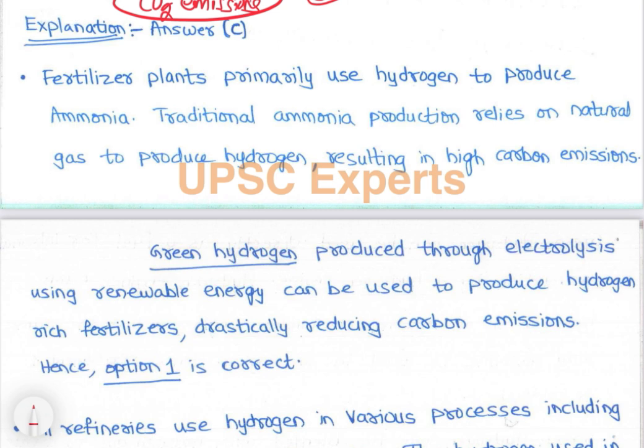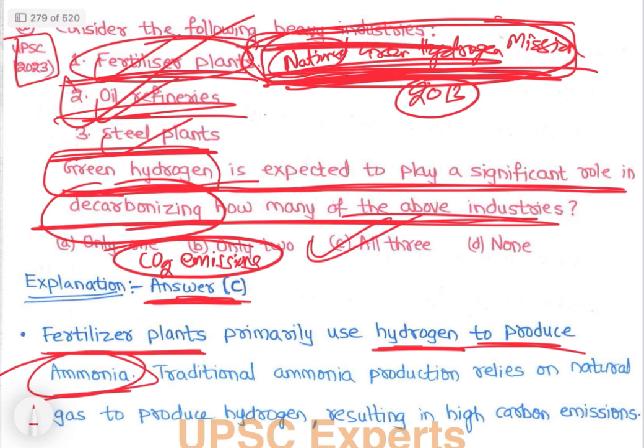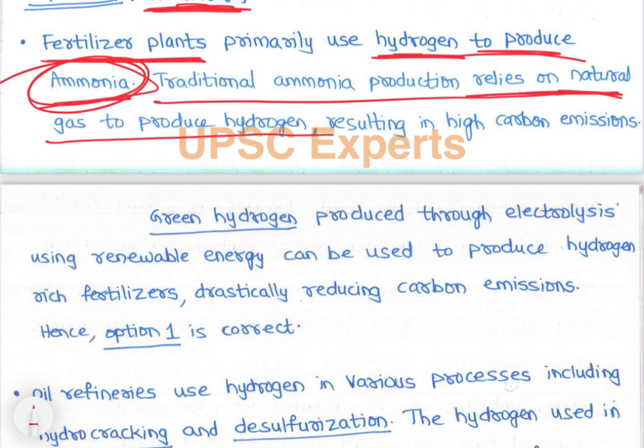See, first is answer C. Answer C is the answer. So fertilizer plants primarily use hydrogen to produce ammonia, right? So first, fertilizer plant से, right, वो hydrogen use करता है to produce ammonia. Traditional ammonia production relies on natural gas to produce hydrogen, resulting in high carbon emissions.